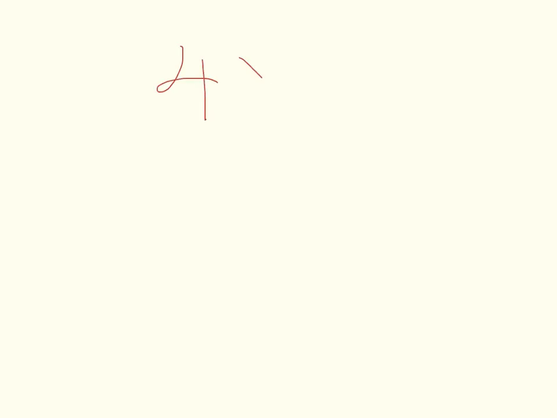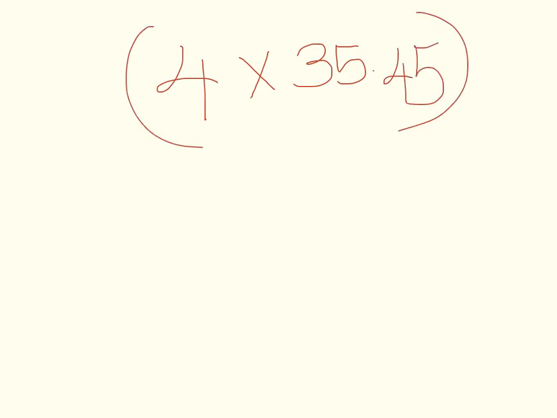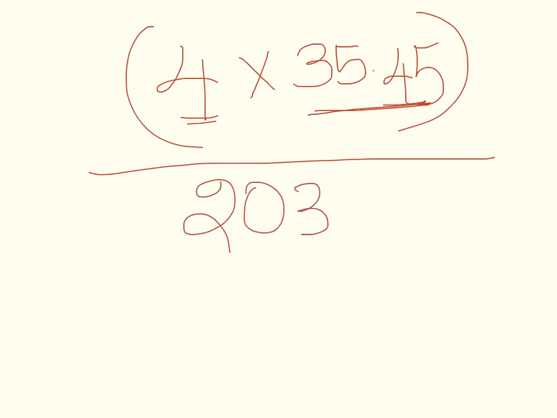So 4 times 35.45, this is the mass of chlorine in the entire system. 4 times 35.45, and this 35.45 we got from the periodic table, over the mass of 1 mole of compound, which we talked about in the previous slide of this video, which is 203.8 grams per mole.